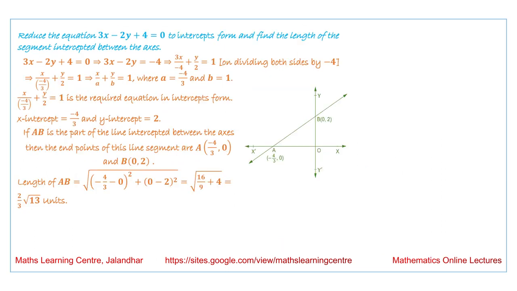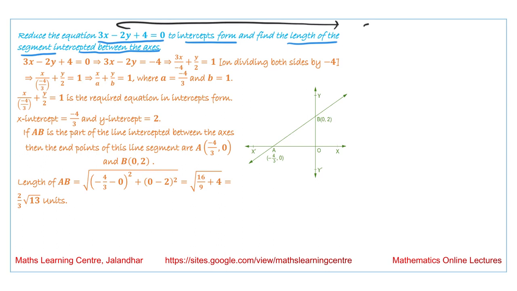Next, we have to reduce this equation to intercept form and find the length of the segments intercepted between the axes. So again, if we write this equation, we are saying it is 3x minus 2y is equal to minus 4. We obtain 3x by minus 4 plus 2y by 4 is equal to 1.